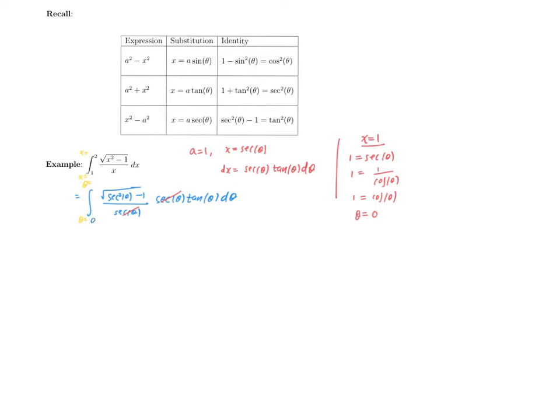For our upper limit of integration, we start off in terms of x values at 2. So we need to know what is our value of theta where secant is equal to 2. Well, secant of theta equals 2 means 1/2 would be cosine of theta, which is the common value pi over 3. So our upper limit of integration is pi over 3.